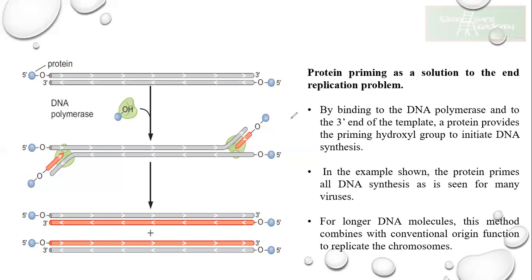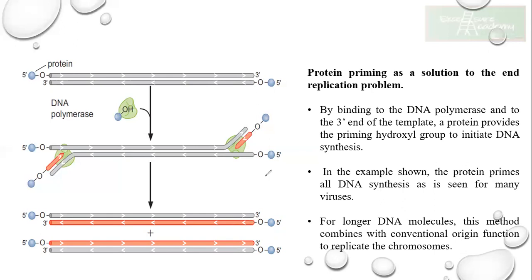One more thing you need to understand is that in this case, the normal replication is not happening. It is not that only the end is being replicated. The entire chromosome is being replicated.